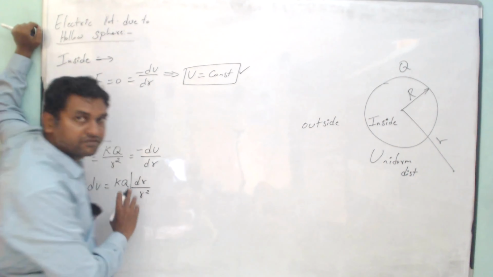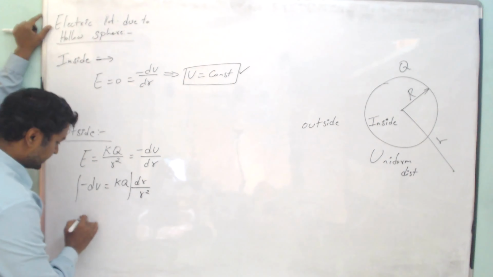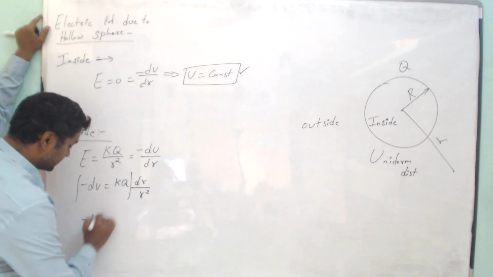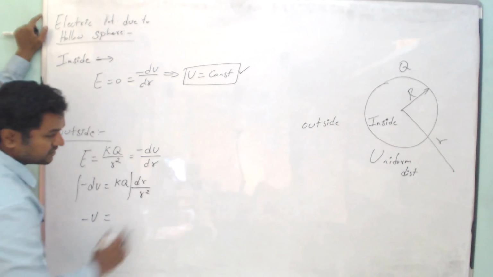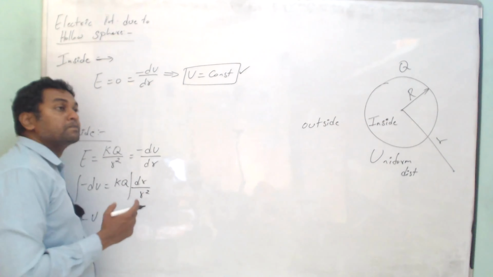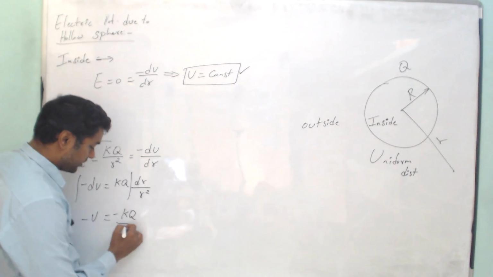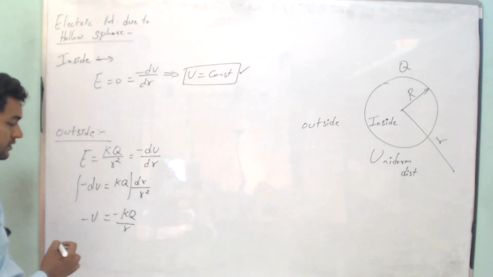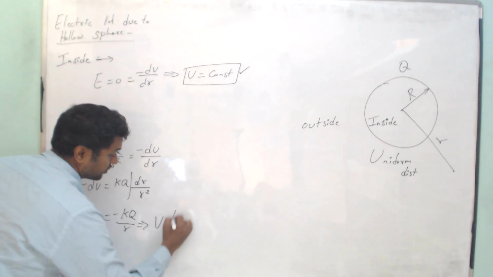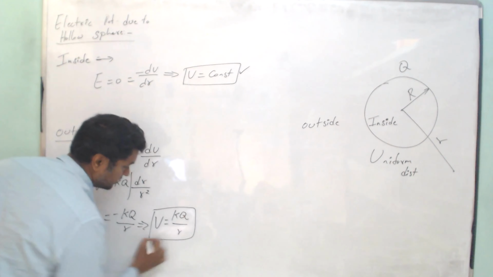So integral dV is V. Minus V is equal to kq times the integral of dr by r square, which is minus 1 by r. So minus V is equal to minus kq by r. Minus minus cancel, so the electric potential can be written as kq by r. Is this clear?